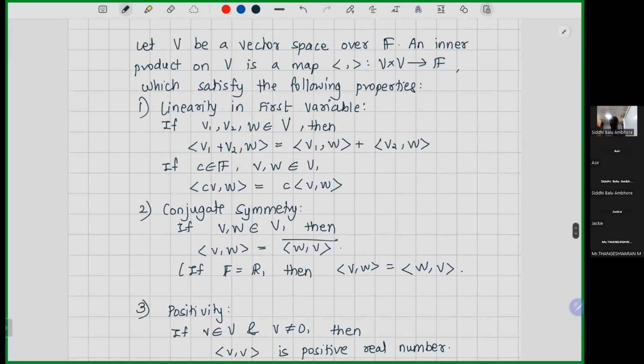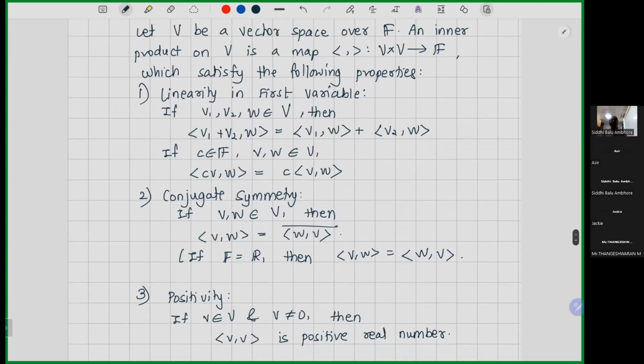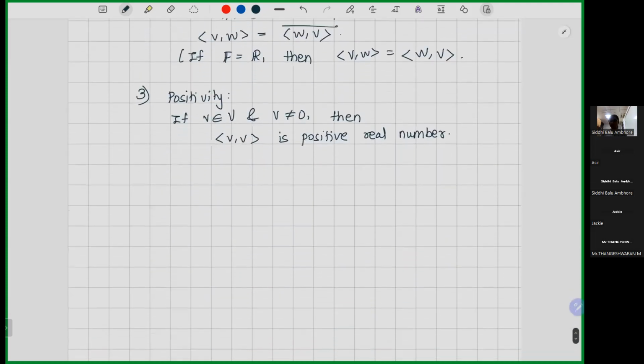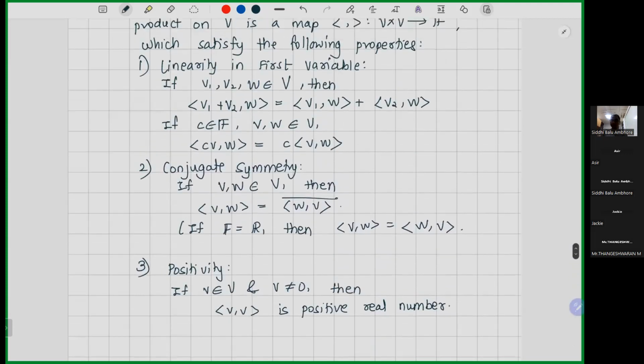Okay, so when a vector space has this map satisfying these three conditions, then that vector space is called an inner product space. Is it okay? And please understand that this linearity in first variable and this conjugate symmetry actually give us conjugate linearity in second variable.